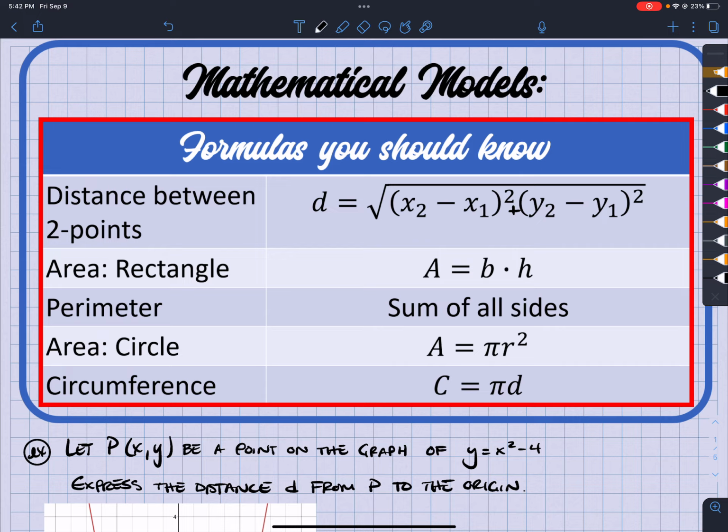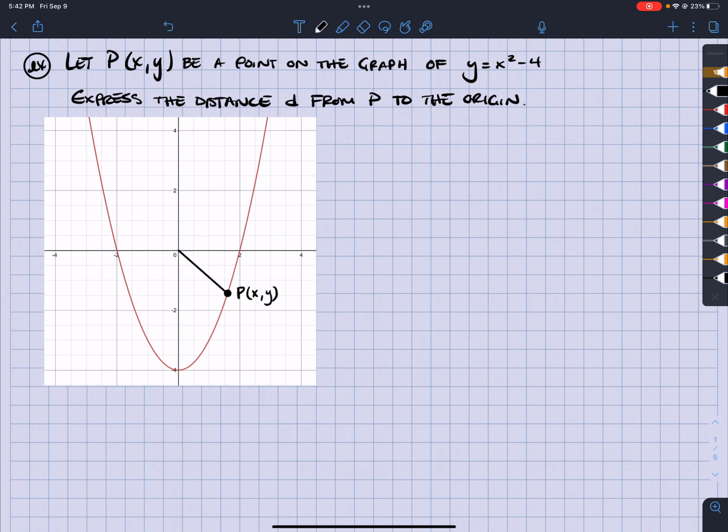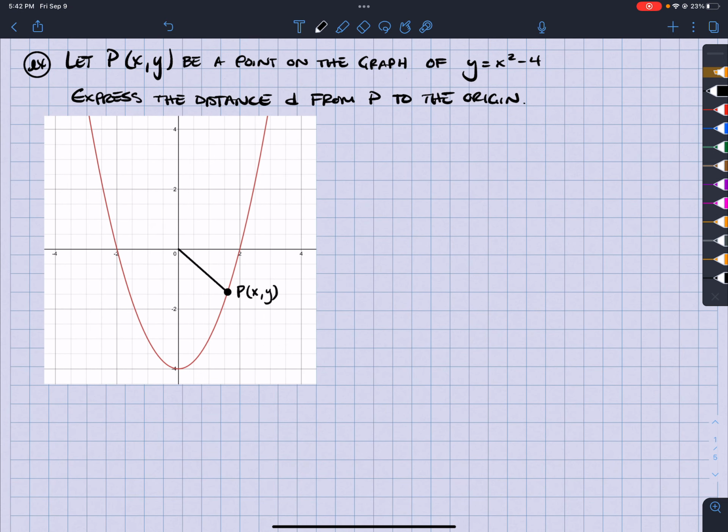All right, so let's take a look at the very first problem here. Let P of x comma y be a point on the graph of y equals x squared minus 4. So this red line right here is x squared minus 4, and here's a point. Express the distance d from P to the origin.